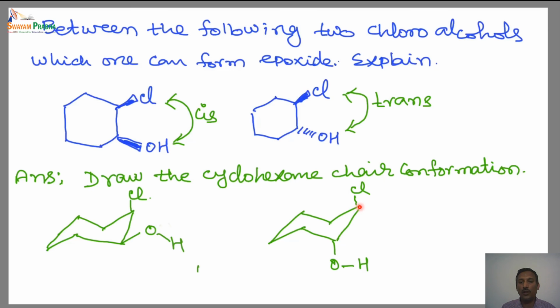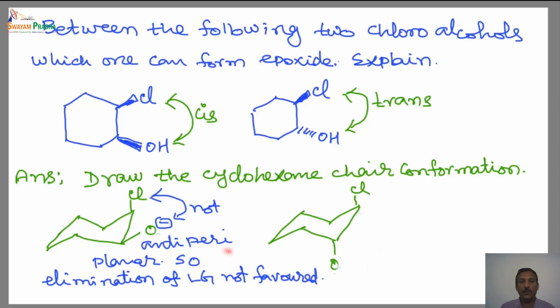Of course, we can also draw the equatorial chlorine and the equatorial hydroxyl. That arrangement is also possible. That is also again a trans orientation, but the di-equatorial is not favorable for this particular cyclization. So we are choosing the diaxial orientation because both the diaxial and the di-equatorial can be formed by the simple ring flip.